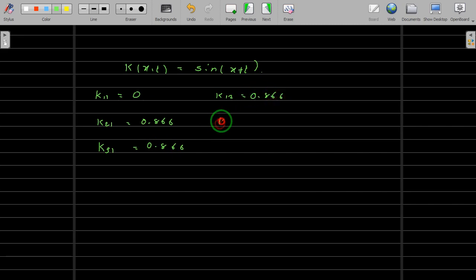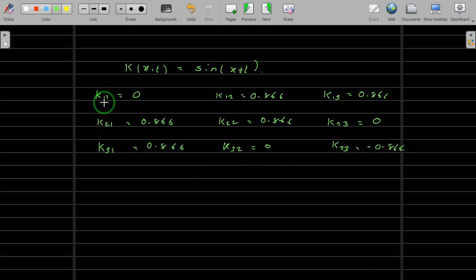These values you verify. k22 is 0.866, k32 is 0, k13 is equal to 0.866. These all values you can easily check. k23 is 0 and k33 is, not wrong, minus 0.866.